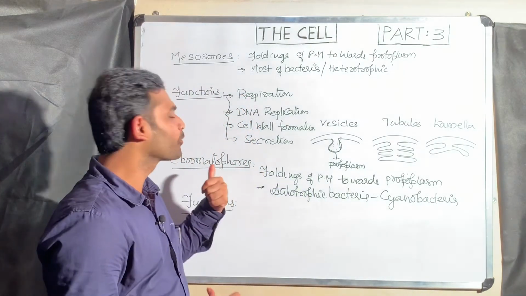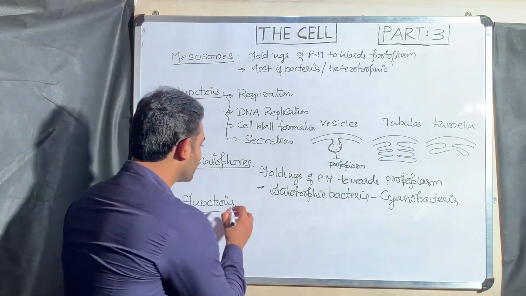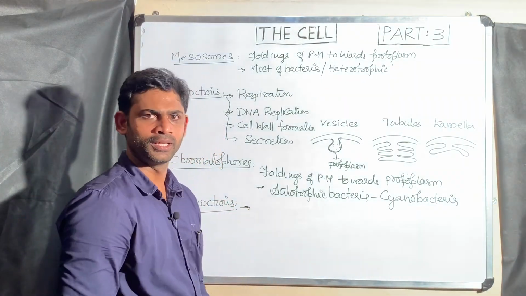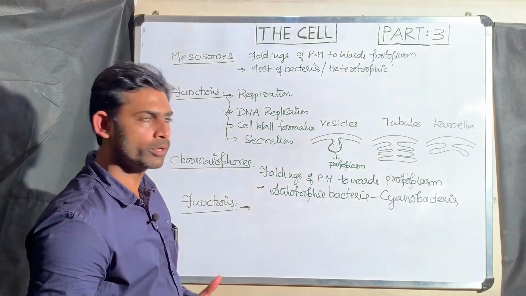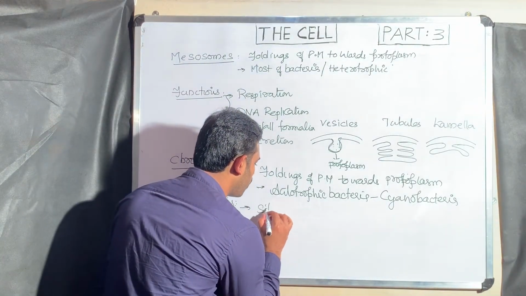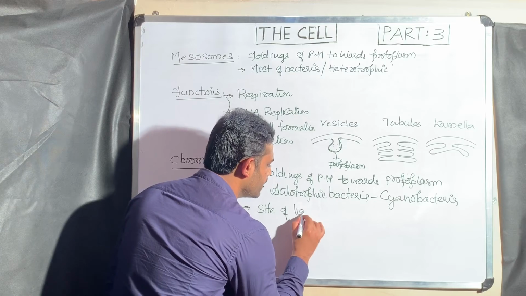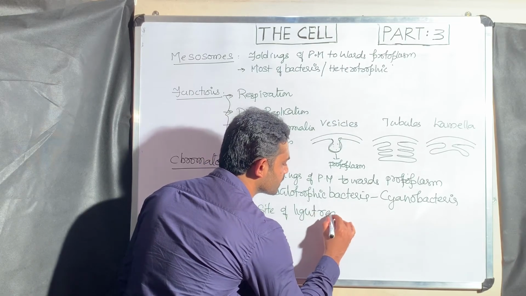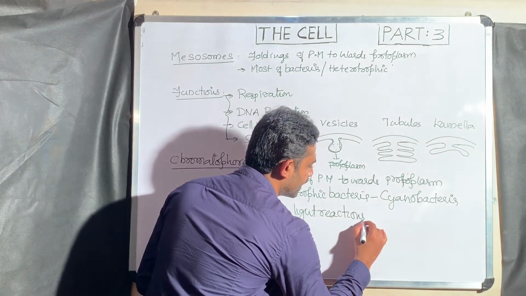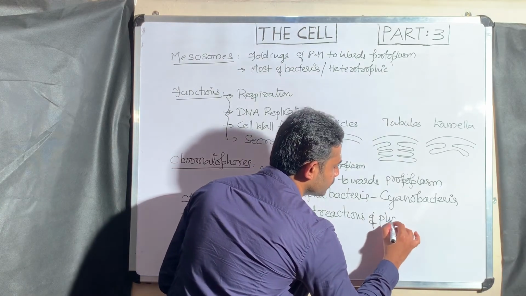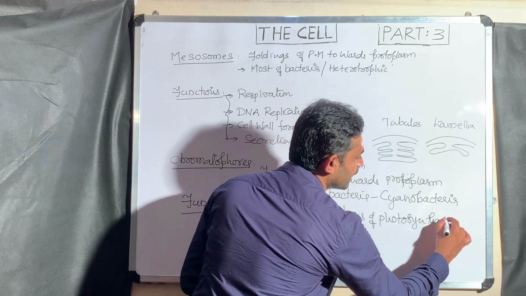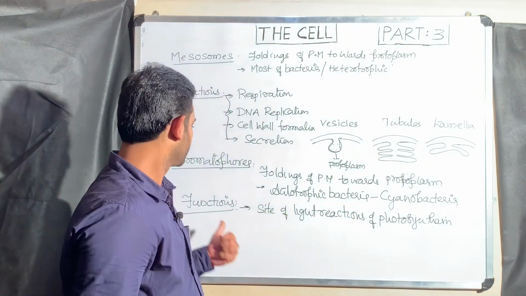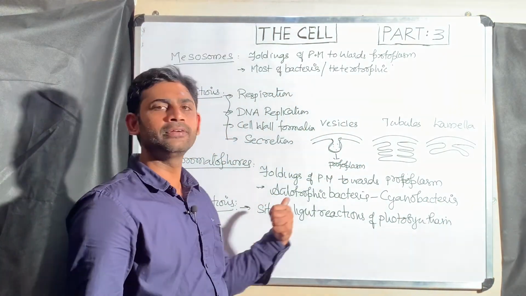That is the chromatophores. These chromatophores contain photopigments. That is why these chromatophores are the site of light reactions of photosynthesis. Now remember exactly, I can say chromatophores are the site of photosynthesis.